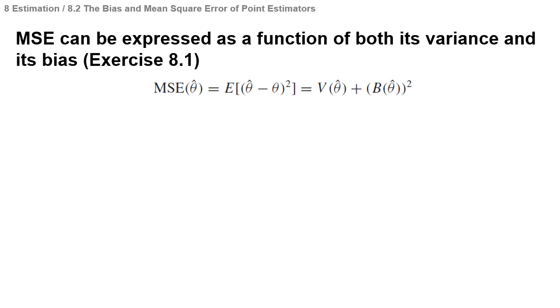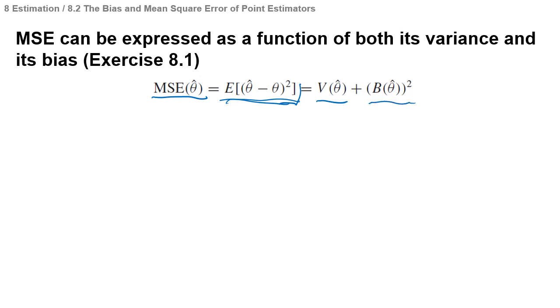MSE can be expressed as a function of both its variance and its bias. So here's our MSE, and so far this is the definition, and if we prove it, this term can be expressed as the variance term plus the bias squared term.